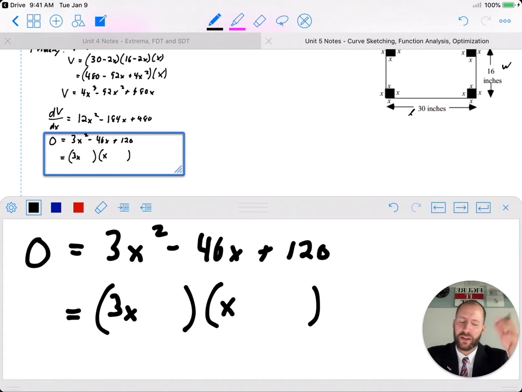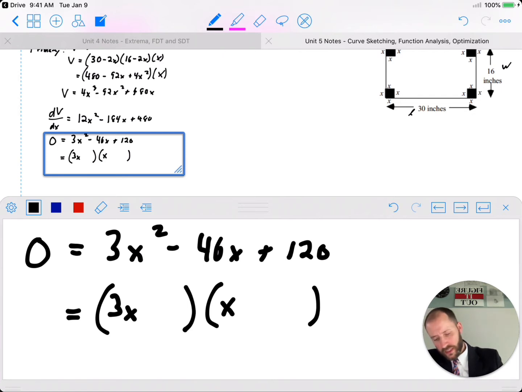So in my mind, it's kind of like a guess and check method. So you got like what two numbers multiply to 120, and I look like a ghost. Wow. Okay, so two numbers that multiply to 120, when one of them is multiplied by 3, they would add up to 46.